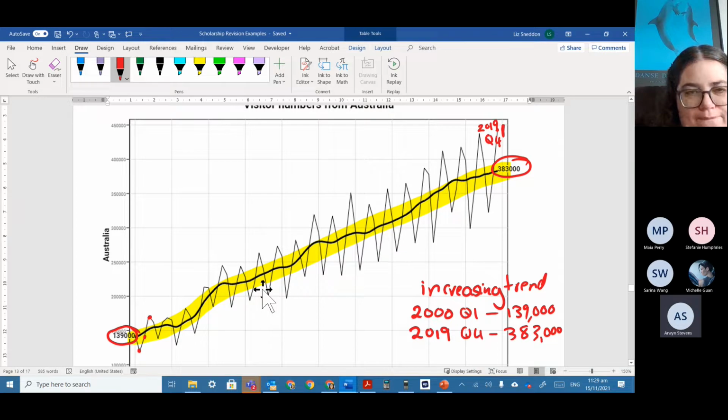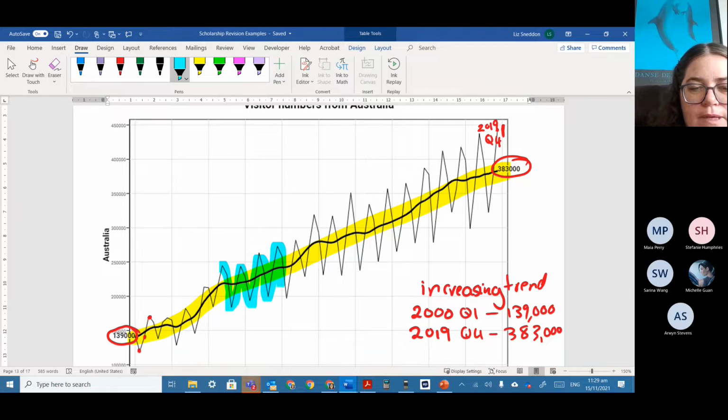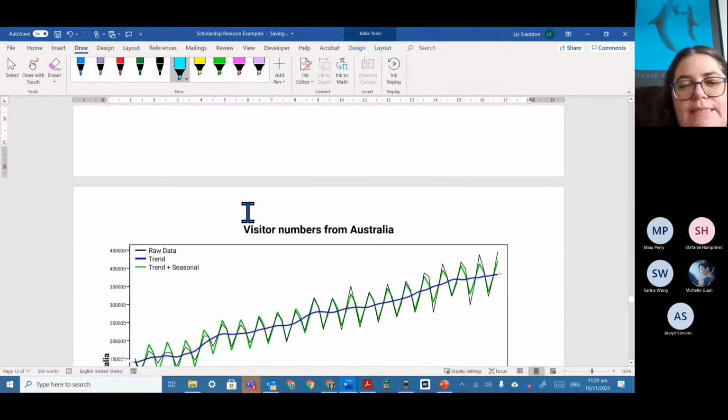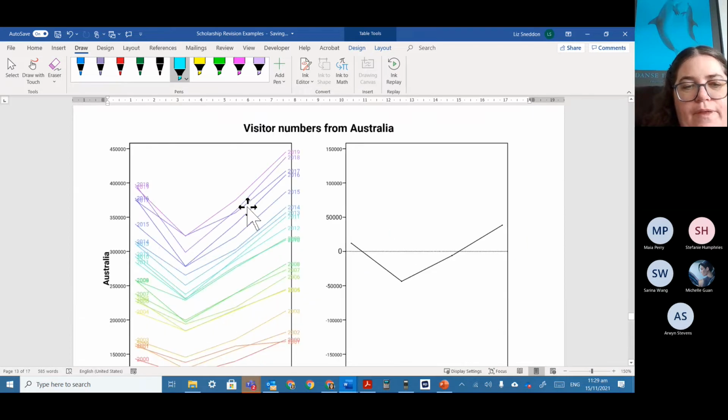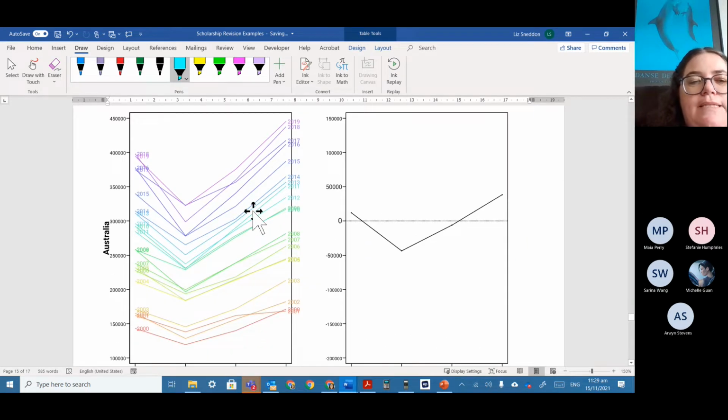Patterns or seasonality. Good. And so when I look at this graph, if I look at that quarter to quarter pattern going up, down, like this, it looks like there is a repeating pattern going on there. And to see that better, we are going to jump down to our seasonality graph, which I've got there. So this is what the seasonality graph has done, just taken each year, that pattern each year, and copied and pasted it for each year.